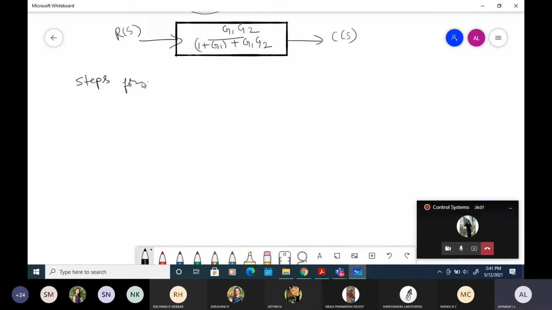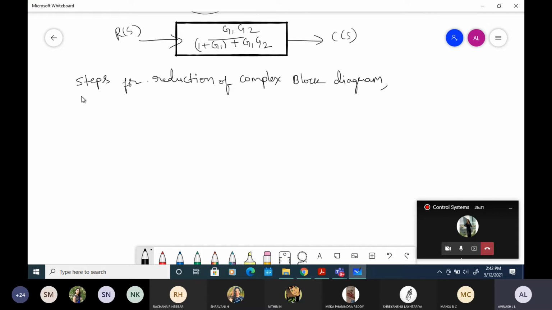Write down first: steps for reduction of complex block diagram. Steps for reduction of complex block diagram.